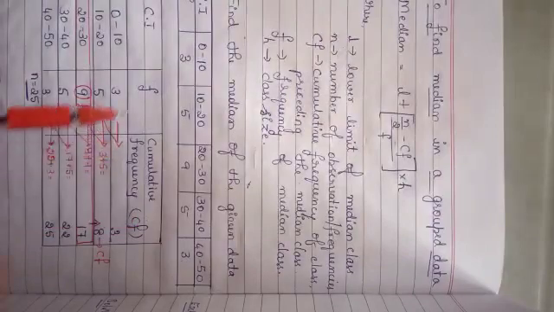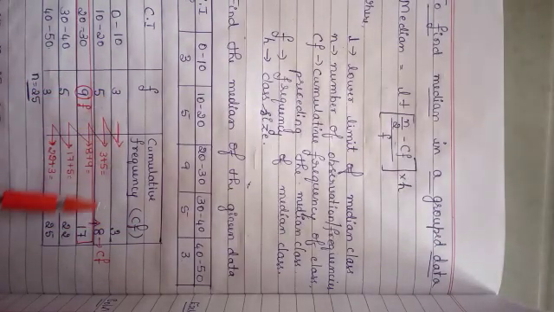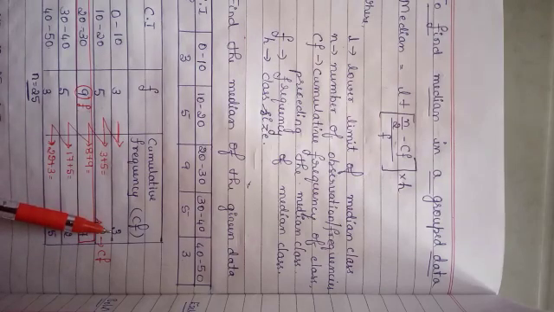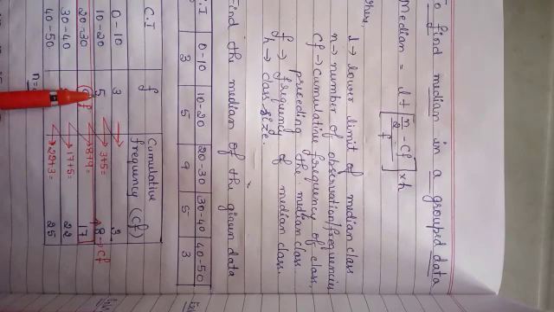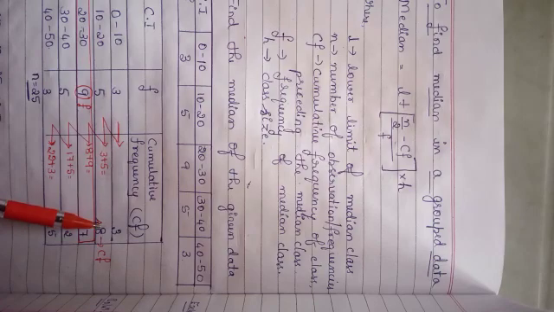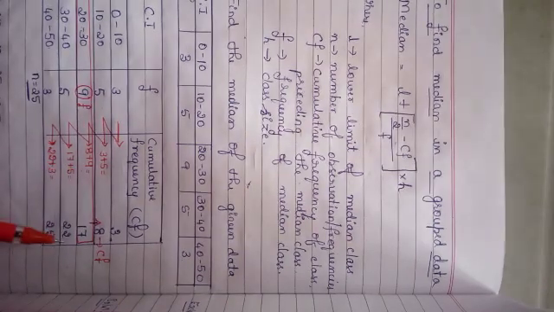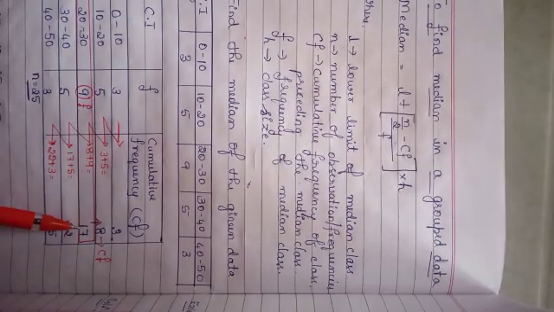To find the cumulative frequency, first we write the same number 3 as it is. Next, for this number, we add the next frequency, 3 plus 5, so we are getting 8. For this 8, next we add 9, 8 plus 9, that is 17.